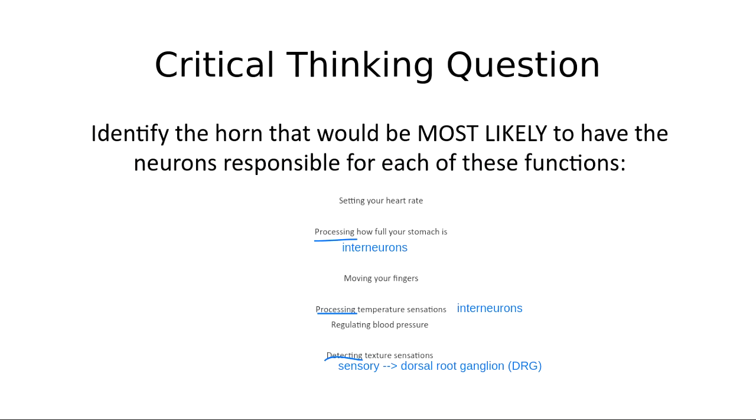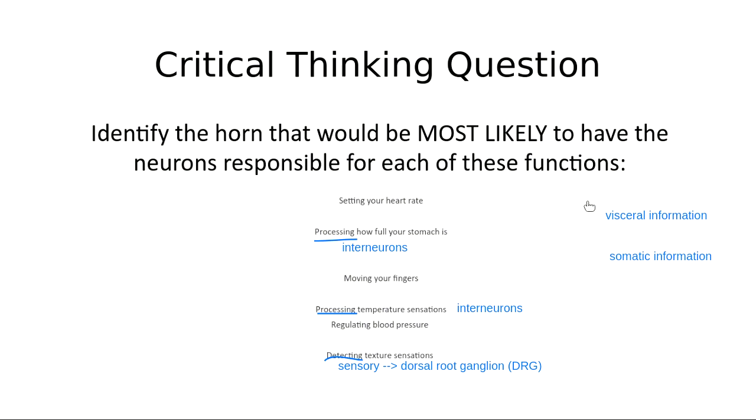All of my interneurons, my two types, we have interneurons that process visceral information, and we have interneurons that process somatic information. But regardless of which type of information you're processing, all of my interneurons live in the same place, in the spinal cord.